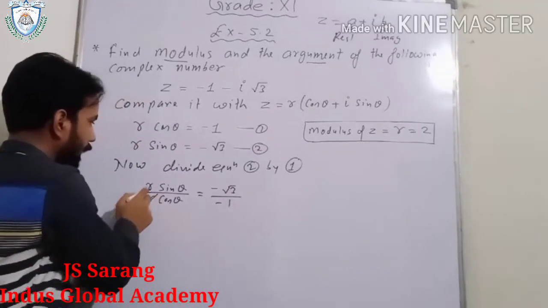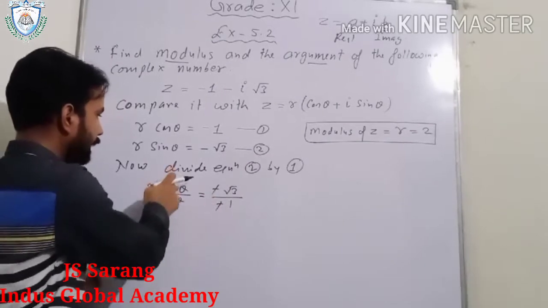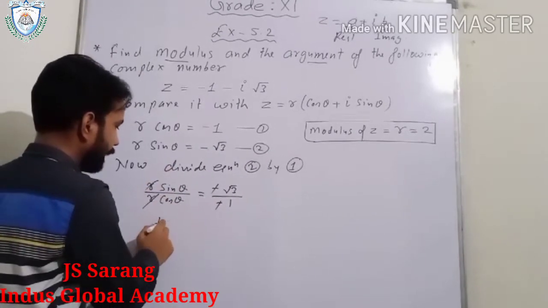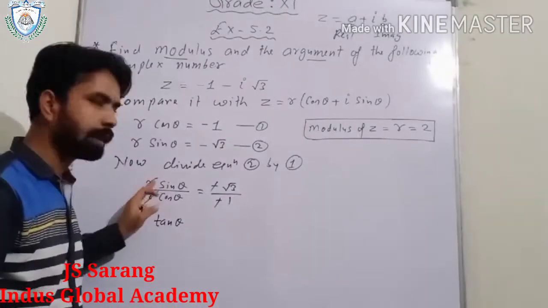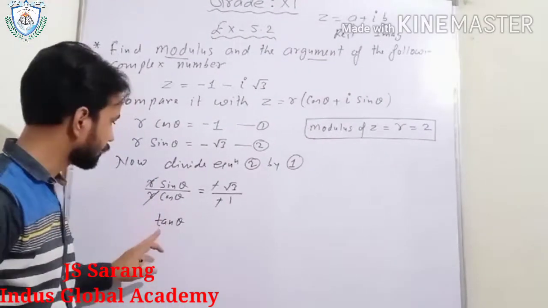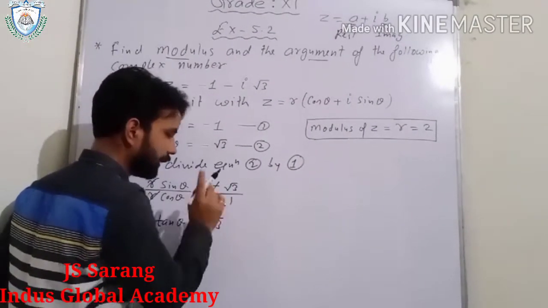Now see, r and r cancel, minus and minus cancel. Sin theta upon cos theta will be tan theta. You know this. So tan theta equals under root 3.